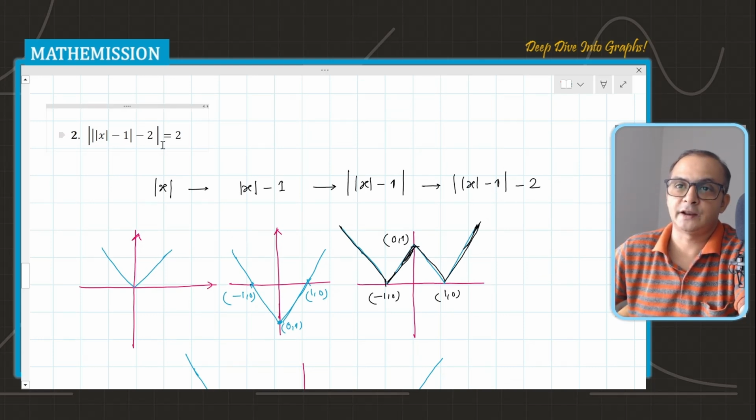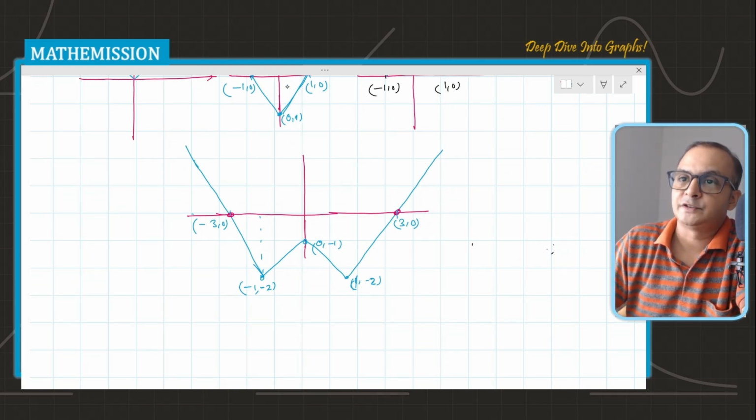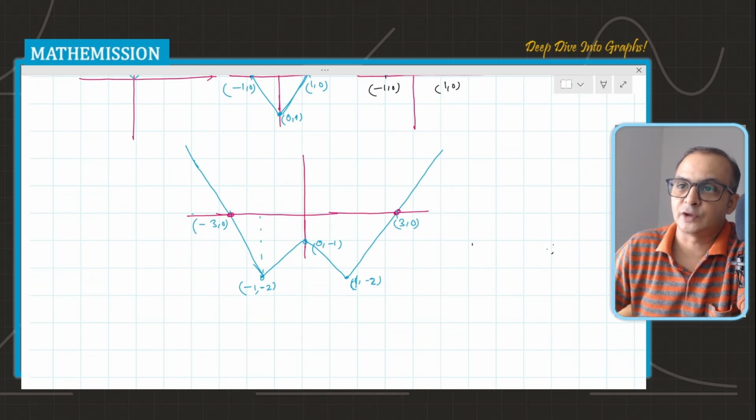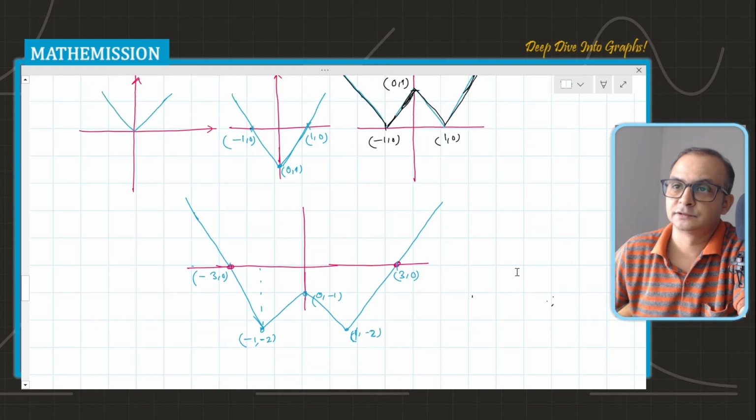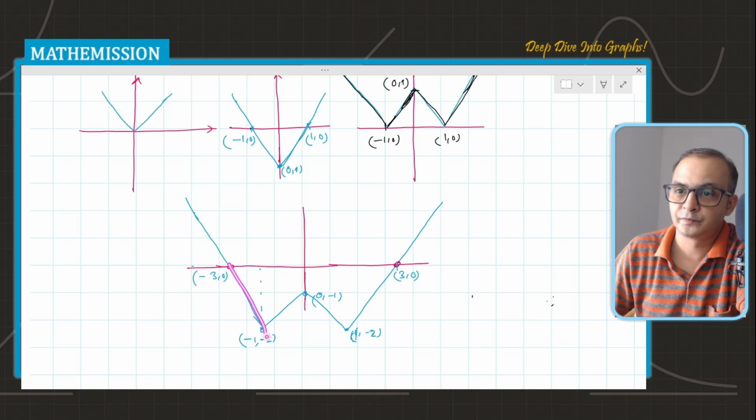Now I have to take the final mod, and you understand what the final mod will be. I'm drawing this graph only here. So I have to take the image of this whole portion from here to here to the top, and this portion we have to leave as it is. So how will the image of this portion look? This point was previously at -1 comma -2.